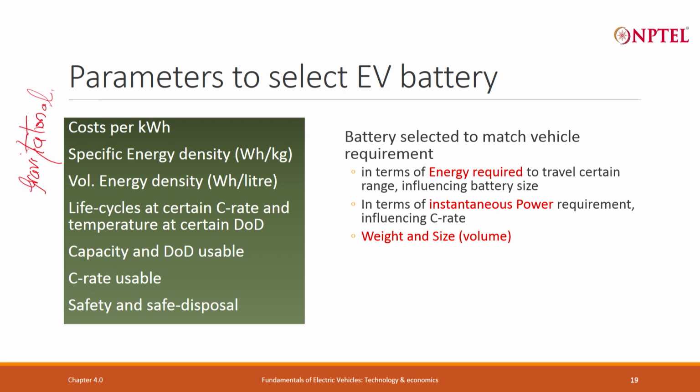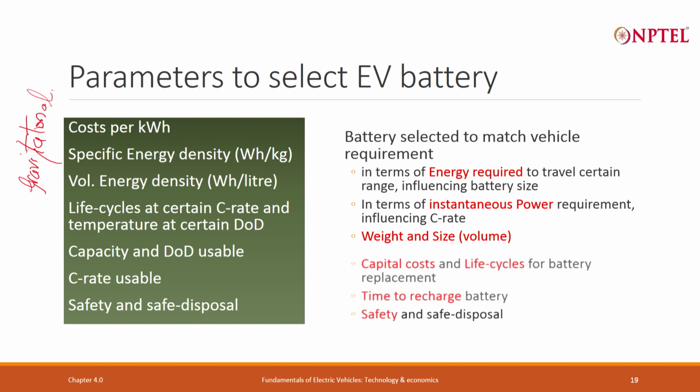If the battery suddenly needs, say, 40 kilowatt, and you have a 10 kilowatt hour battery, it will require 4C, and that is not good. You will have to have a minimum battery size of approximately 20 kilowatt hour. And it is the motor guys who will tell you what power is required. So, the instantaneous power required influences the C rate and the capacity of the battery. And of course, weight and size become a very important component, as I talked about.